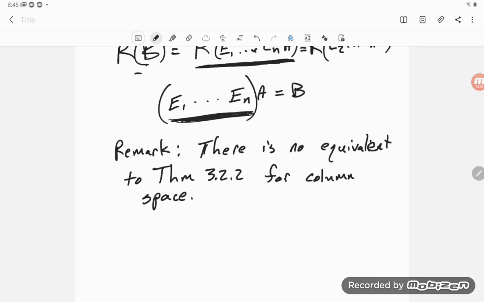In other words, if two matrices are row equivalent, that doesn't tell me that their column spaces are equivalent. It's only their row spaces. So it's good to realize that 3.22 does not work for column space. Okay, we'll call that video done.